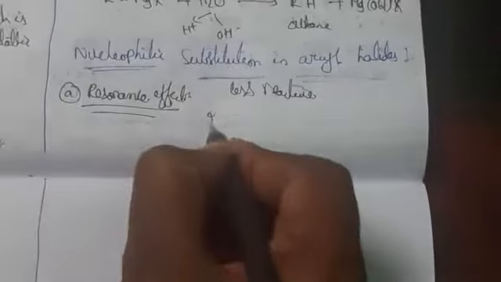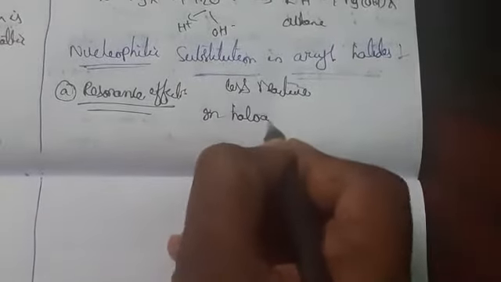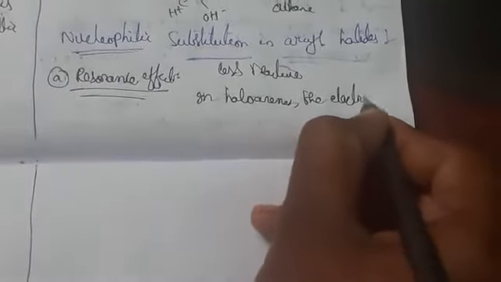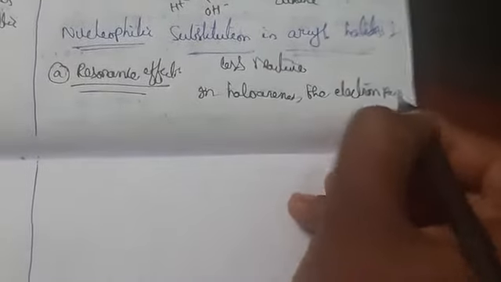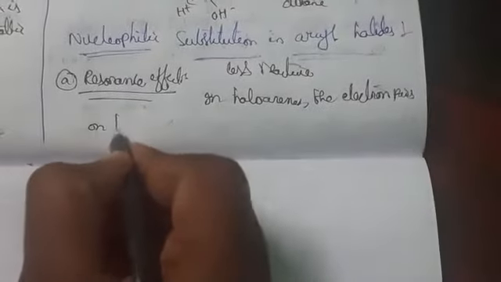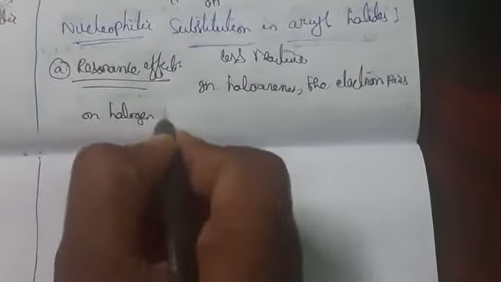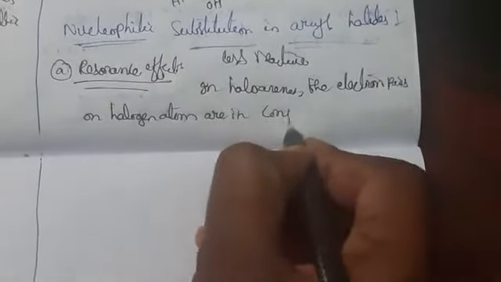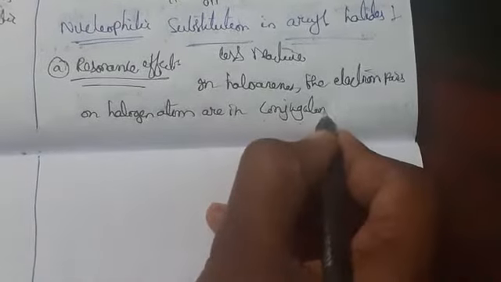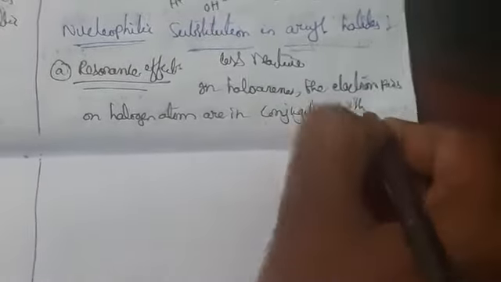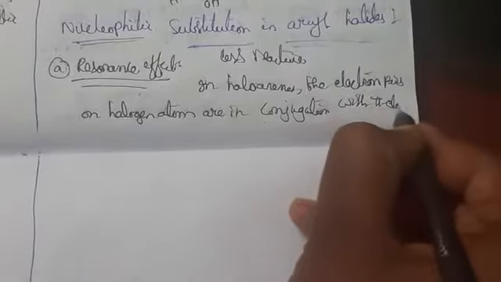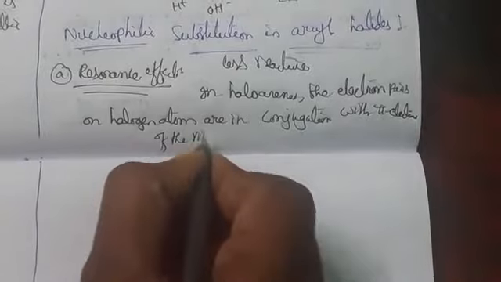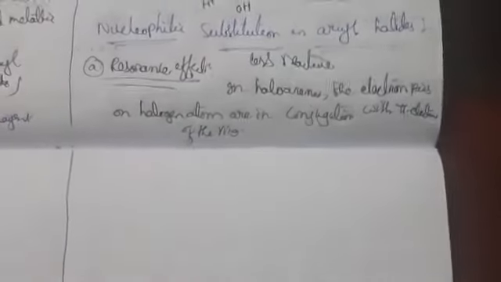In resonance effect, mainly in haloarenes, the electron pairs on the halogen atom are in conjugation with pi electrons of the ring. That one we call resonance effect.